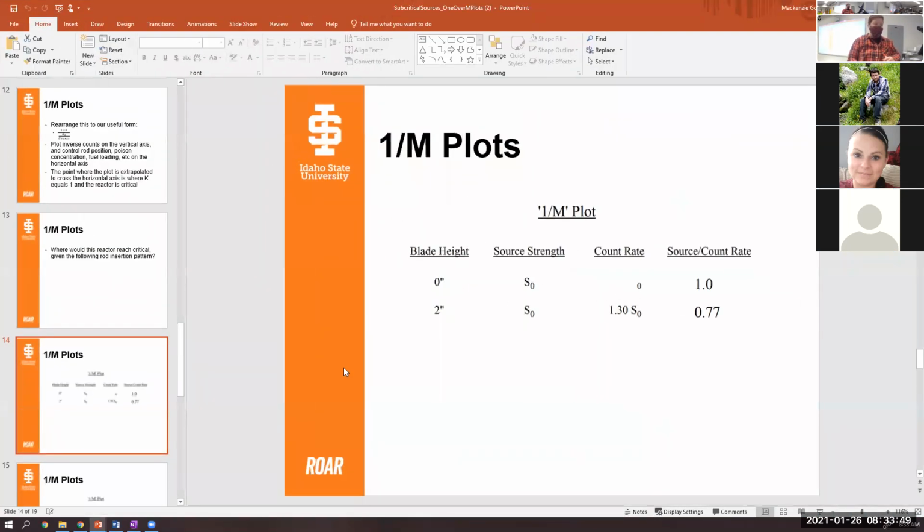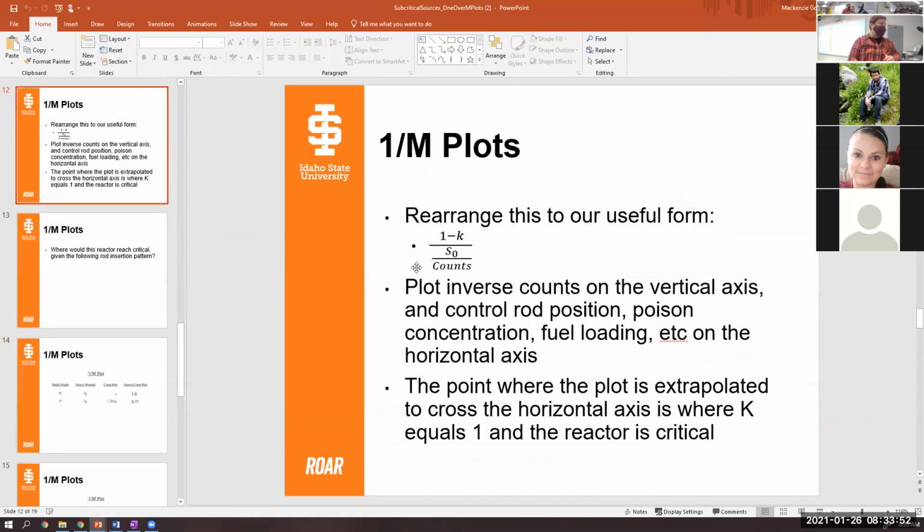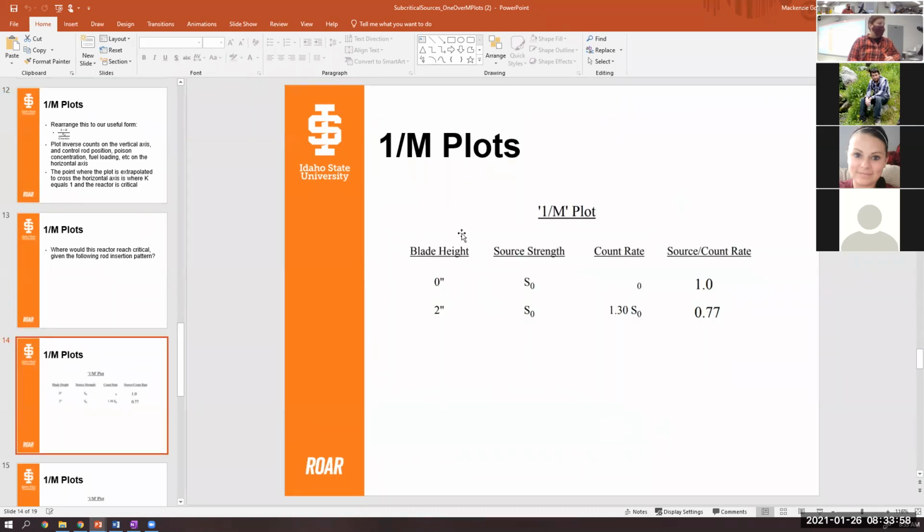I'm telling you that because we have this relationship from this formula, and when we have a plot of data, with blade height coming from our reactor console, source strength coming from the label on our source, and count rate coming from a detector attached to our system, we can put the source over the count rate and get this inverse counts, and then we're just plotting inverse counts versus blade height. There's not a formula because all the data has been put in the table in this example.